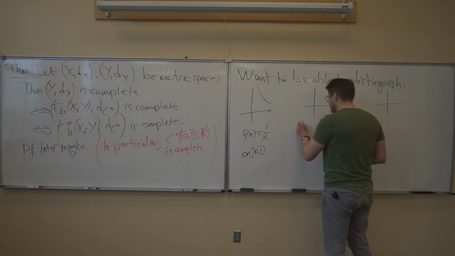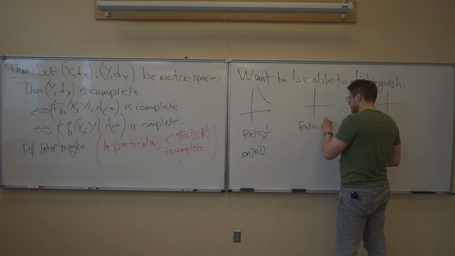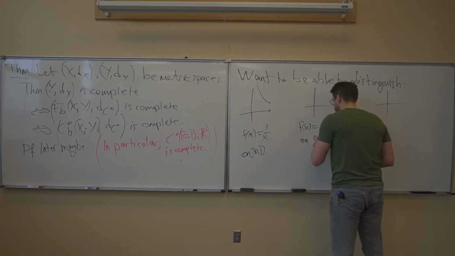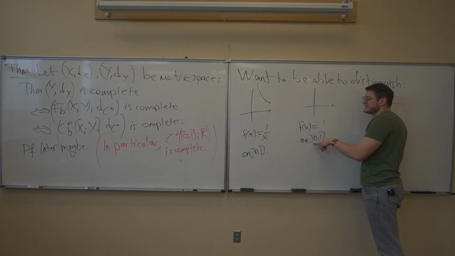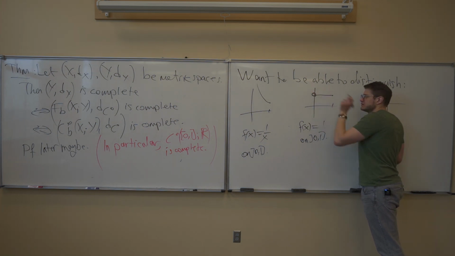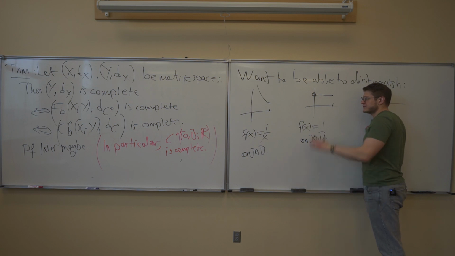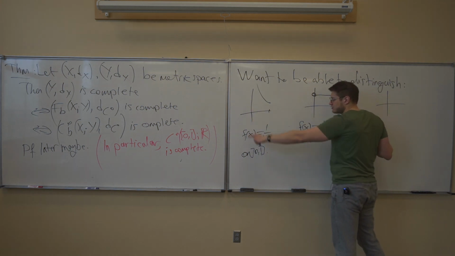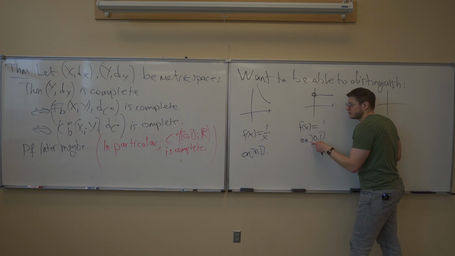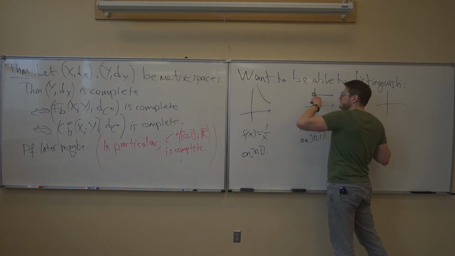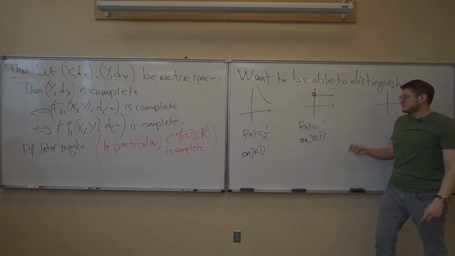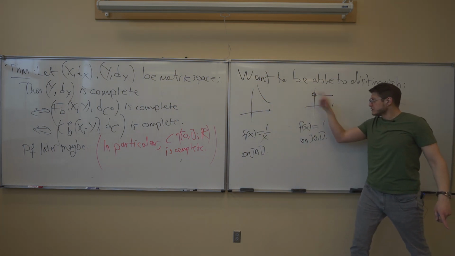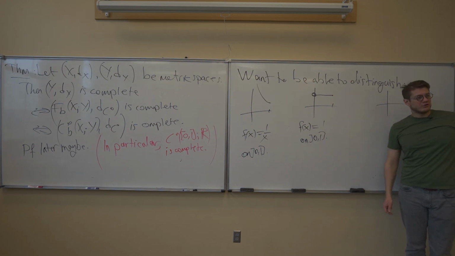But maybe f of x equals 1 on (0, 1]. Technically, even though I could define f of 0 to be 1 here and everything would be fine, it is not quite defined there. There's a gap there. But certainly, even though neither of these functions is defined at 0, the behavior of this is different from the behavior of this, right? This goes to infinity, whereas this converges to the value 1 as I take x to 0.